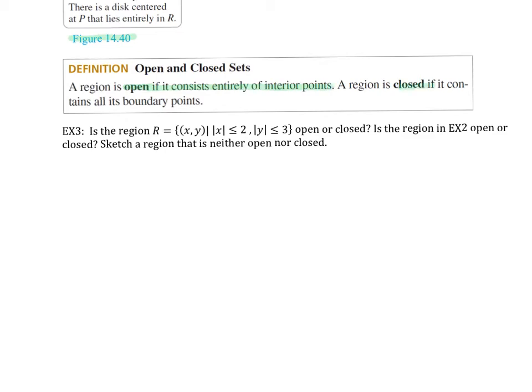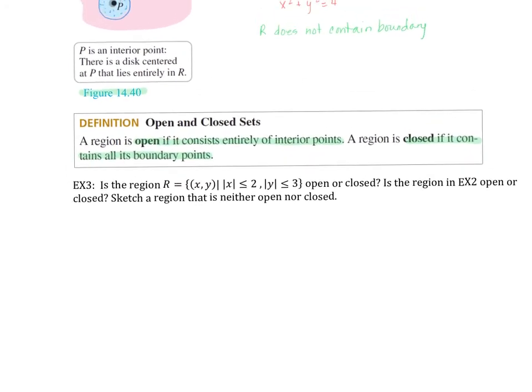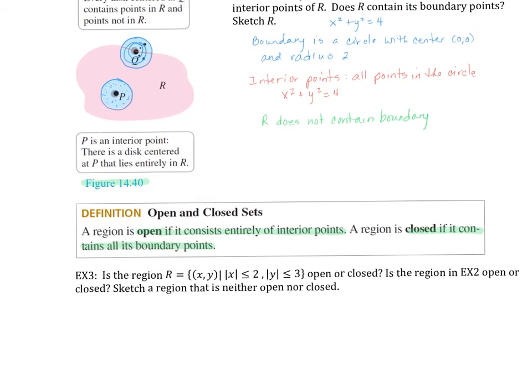It's closed if it contains all of the boundary points. I'm going to go back to this pink diagram. If I were to draw a solid boundary for this region, then our region R would contain all of its boundary points and it would be closed.